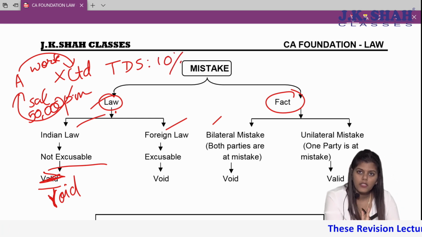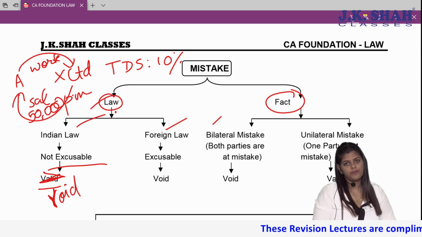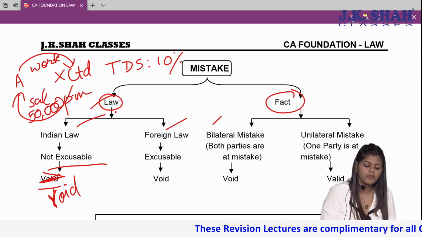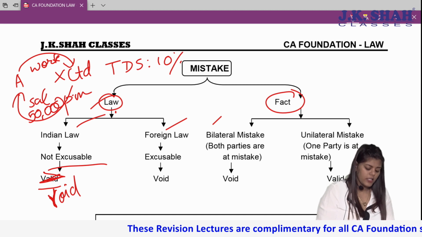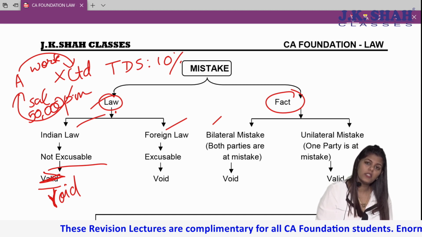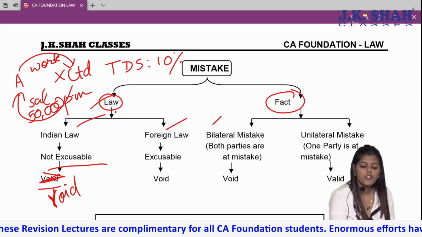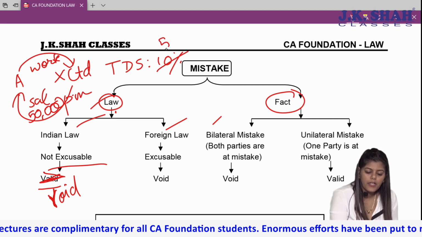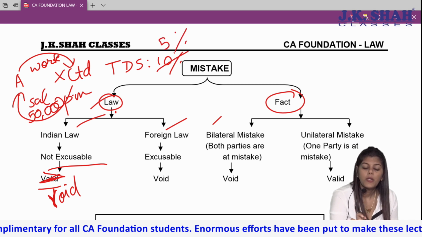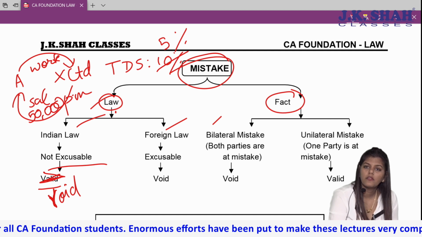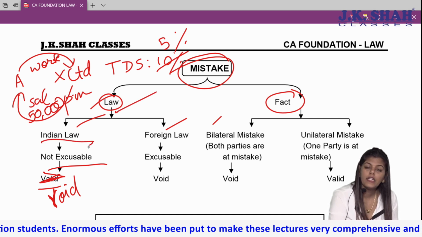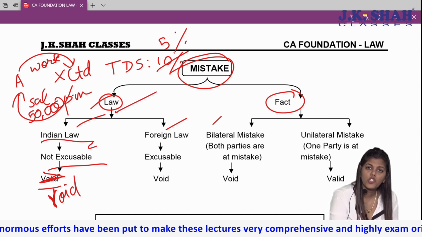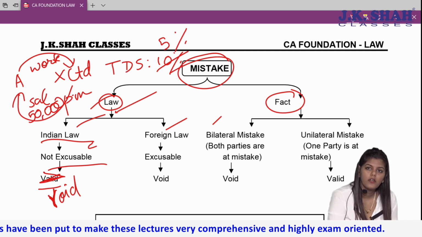So every month in his hand he should get 45,000; 5,000 will go to government. But in the Income Tax Act there are so many percentages that the company got confused. Instead of deducting 10%, the company ended up deducting 5%. Means the company made a mistake of law, Indian law, that is the Income Tax Act. Chalega nahi chalega? Nahi chalega.